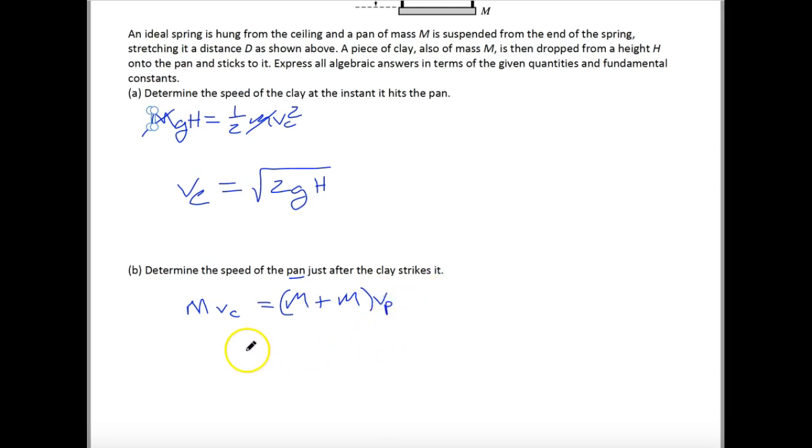So our final velocity of the pan, because the clay is stuck to it and they're going to have the same velocity, is equal to 1/2 of the square root of 2gh, because remember earlier we said that the velocity of the clay is equal to the square root of 2gh. Where did the half come from? This really is also equal to 2m times vp, so that's where that came from.